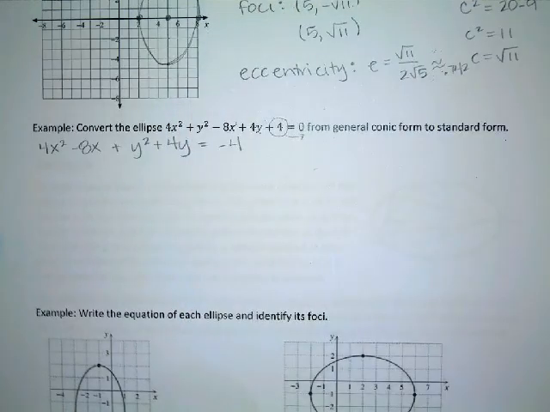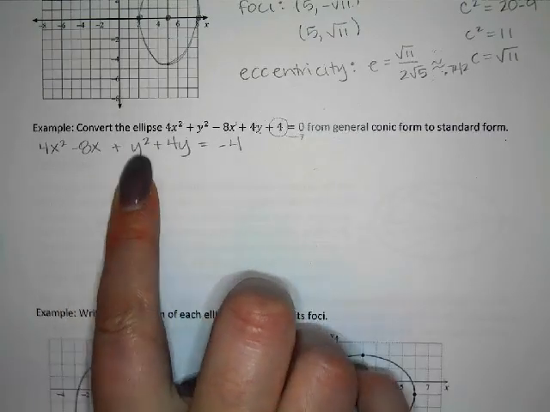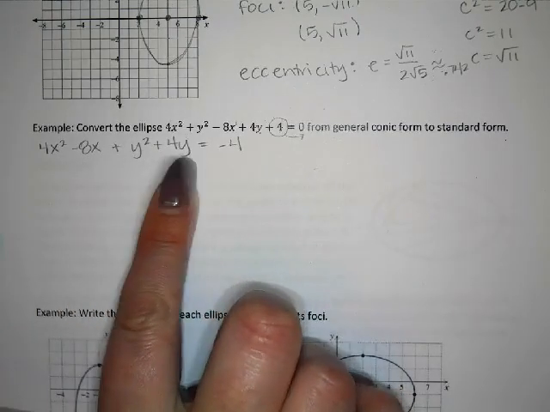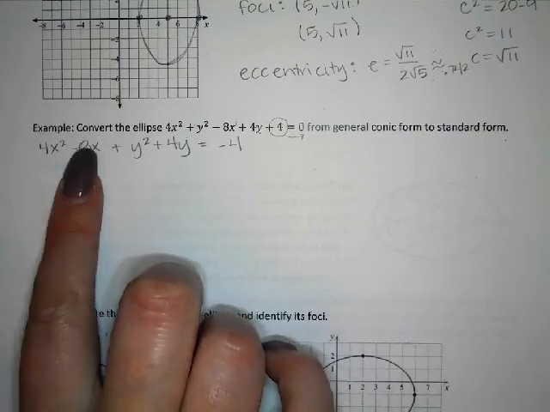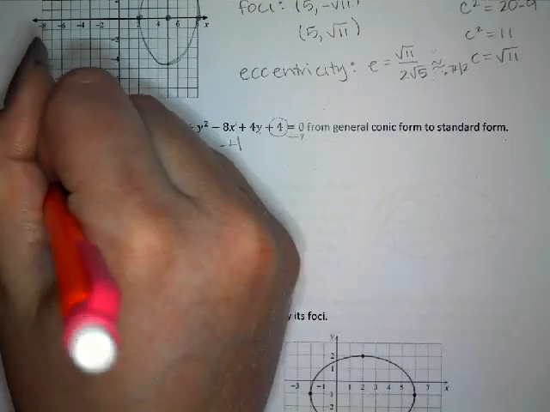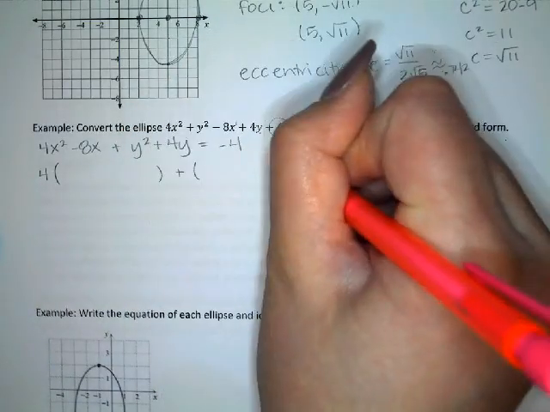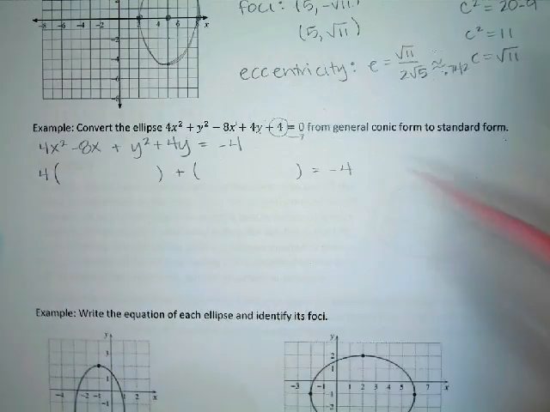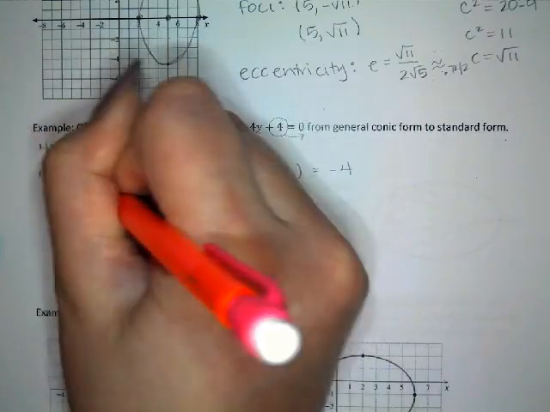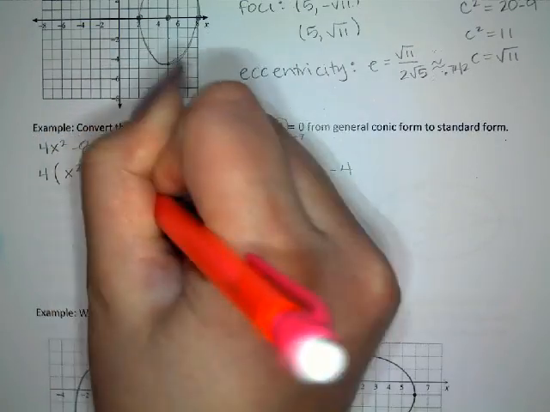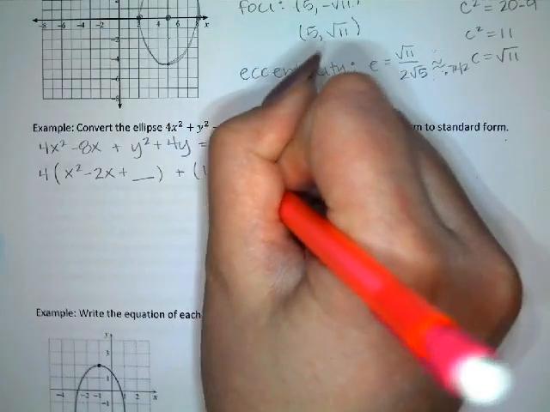And now I'm going to write these out. I'm going to leave my blanks. So this one, y squared plus 4y plus blank. Over here, I have to take the 4 out of these two terms. And then I'll leave my blank after that. So my x's and my y's are going to look like this. So took the 4 out, that leaves me with x squared minus 2x plus blank. And then y squared plus 4y plus blank.